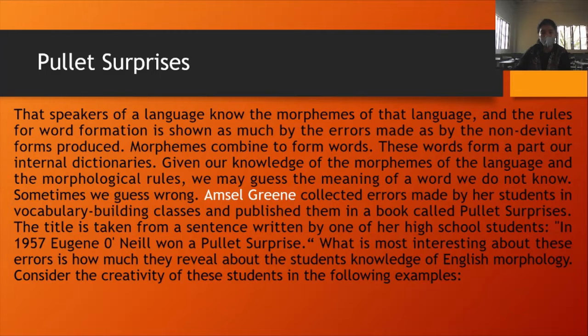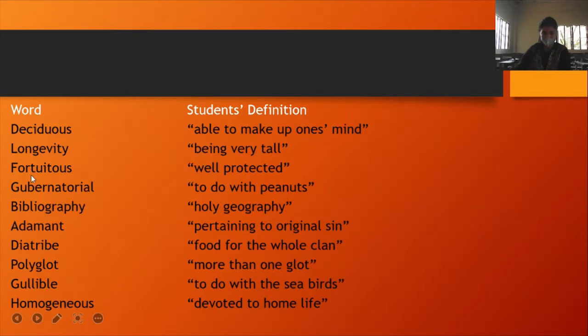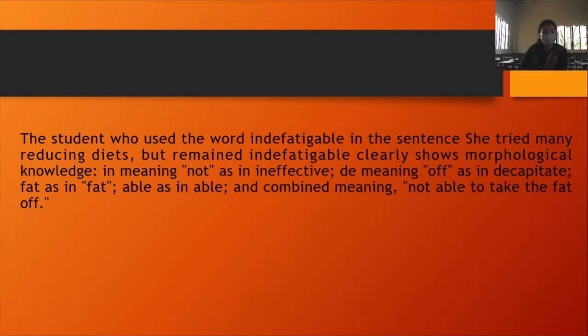Consider the creativity of these students in the following examples. So these are the examples. As you can see, the student who used the word indefatigable in the sentence, she tried many reducing diets but remained indefatigable, clearly shows morphological knowledge.